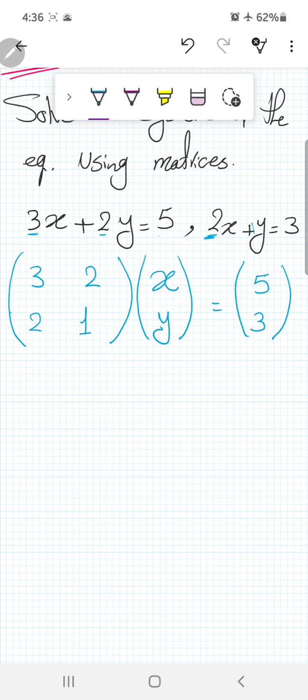We want to solve the two equations, or we want to get the value of x and the value of y. As we said, in any equation like 3x equals 12, we want to get the value of x, so we move 3 to the other side by dividing, so we get x equals 12 divided by 3.